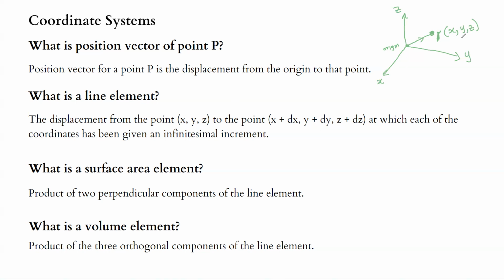If we select cylindrical coordinates, then we use R, phi, and Z: the magnitude, the angle to the point, and the height to the point, to define the position of the point that we are considering.